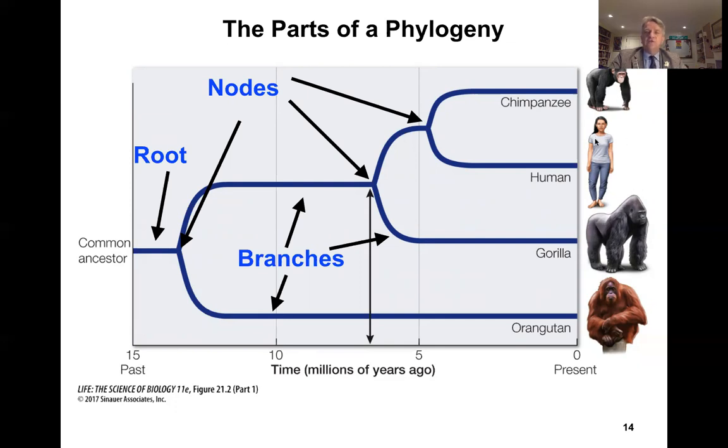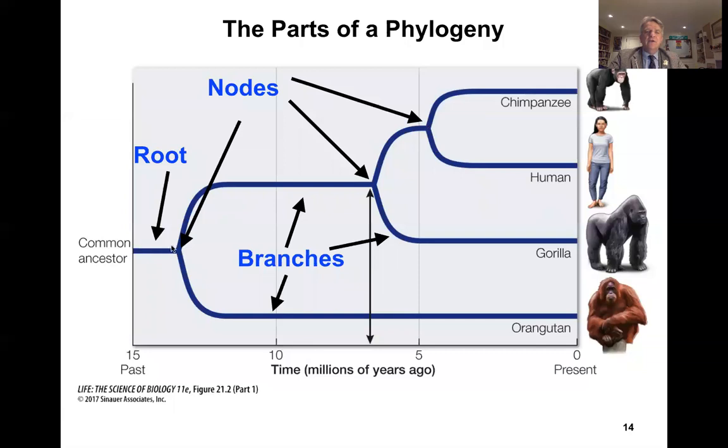The organisms that are represented here at the end of these terminal branches, we often call the tips of the phylogeny. Where the branches intersect, we call nodes. So a node that leads to the terminal branches, we can differentiate from nodes that are more internal in the tree. So an internal versus a terminal node.